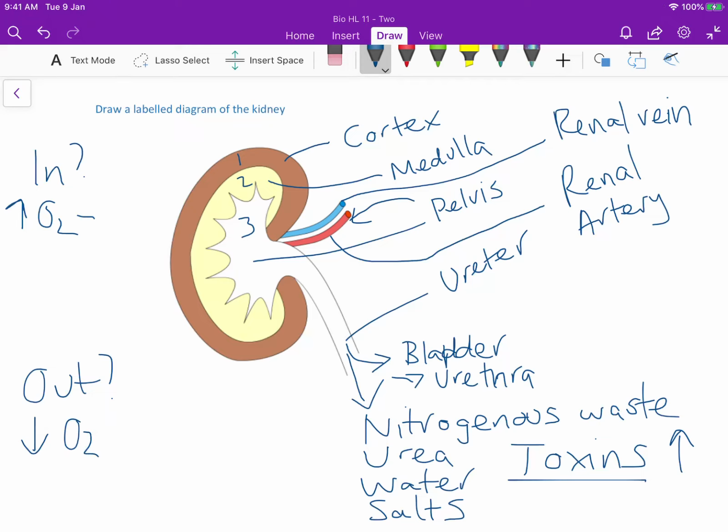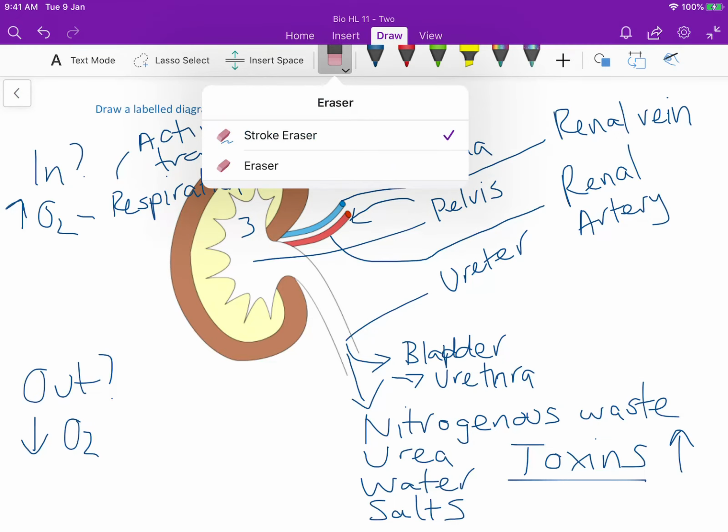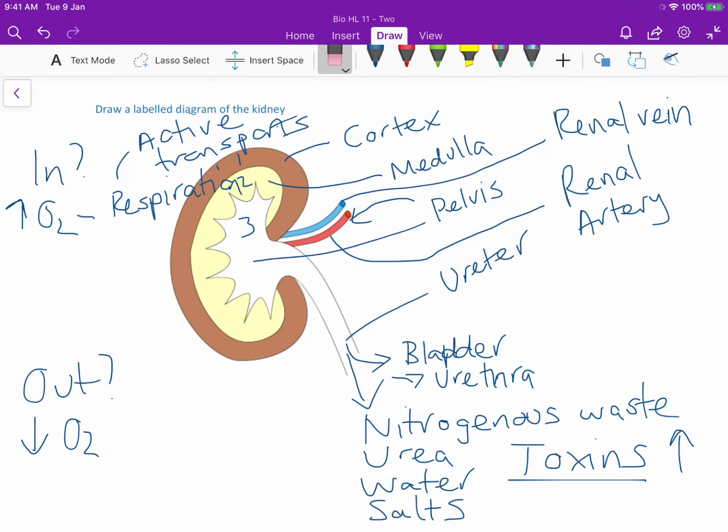Because it's used in respiration. So the kidney is a rapidly respiring tissue. It's using a lot of energy for active transport, and we're going to see that in what it's doing with ions and salts and stuff. Okay, so it's doing active transport.